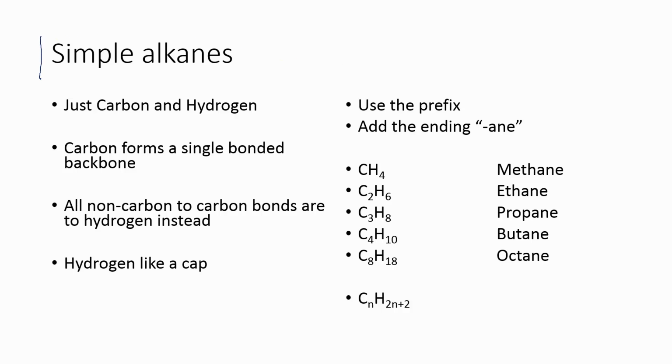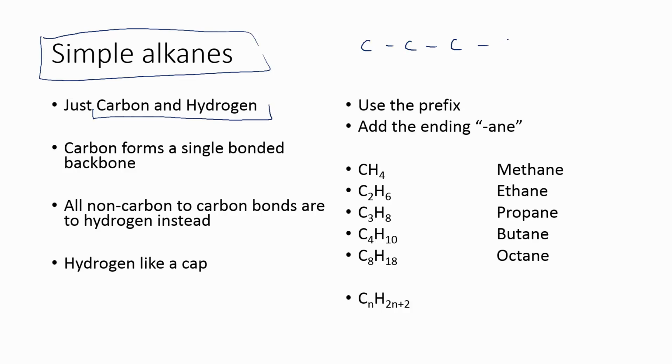For the simple alkanes, these are a class of compounds that have only carbon and hydrogen. The carbon forms a single-bonded backbone, so we can show carbon attached to carbon, attached to carbon, attached to carbon. This chain of carbons forms a simple alkane. All the non-carbon-to-carbon bonds are taken up by hydrogens, which can be attached to these carbons in all sorts of different directions, and that makes a compound referred to as an alkane.